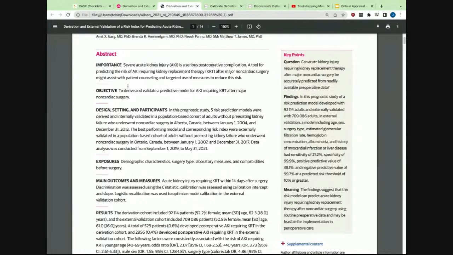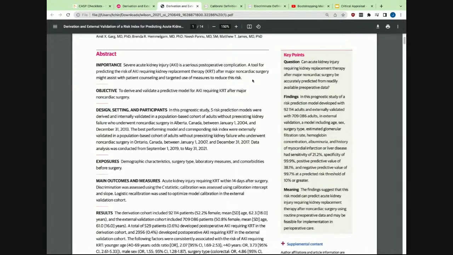So let's get started. Okay, first, the importance. Why is it important to do this study? Here they mentioned, okay, severe acute kidney injury is a serious complication. And it's important because knowing the risks after non-cardiac surgery may assist with patient counseling and targeted use of measures to reduce the risk.